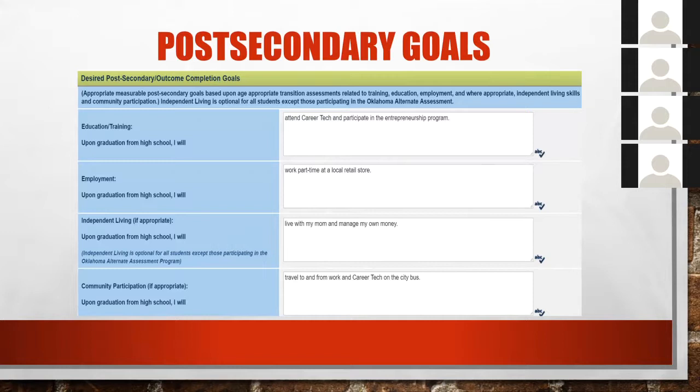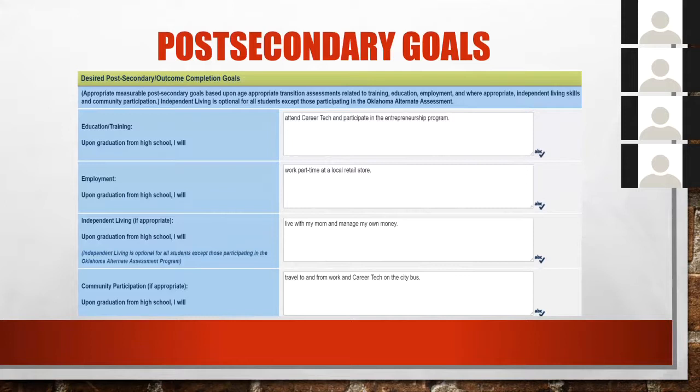Education and training and employment is required for all students. Independent living and community participation is required for students that are participating in the OAP. It is also appropriate to address independent living and community participation when results from assessments indicate students' needs in these areas.